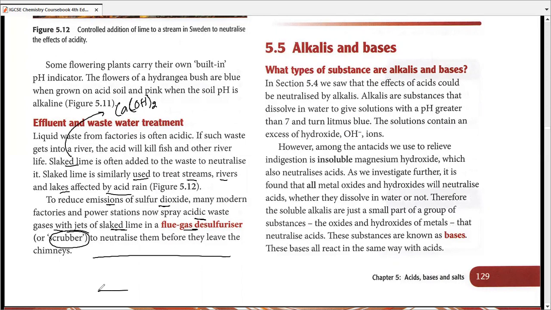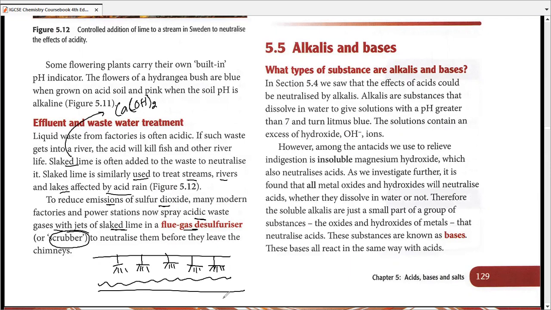Remember, a scrubber was a big pipe which had showers of water or sometimes showers of flake lime, so that when the gases pass through them, they get neutralized right there in the factory, inside the industry, and the industry is only going to throw out neutral waste, not acidic waste. So that way we can lower the number of acid rains on the planet.